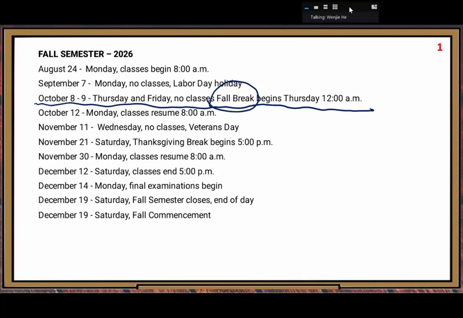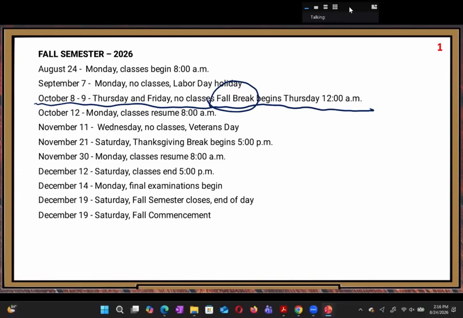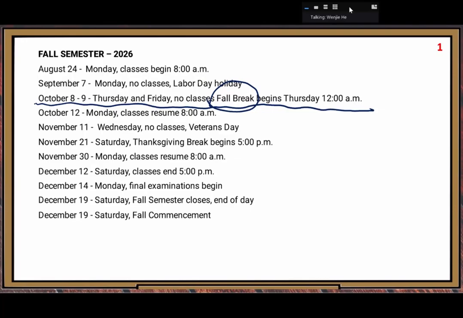So specifically, the midterm exam, it will be after this fall break, the second week, not first week. Okay, yeah. So the second week after the fall break, we will do midterm.